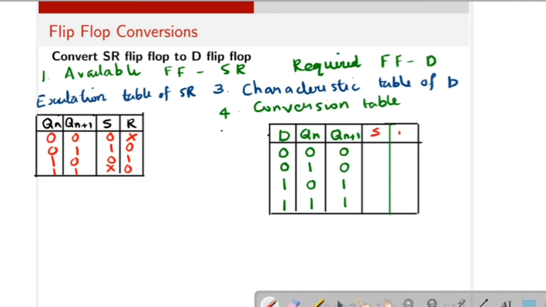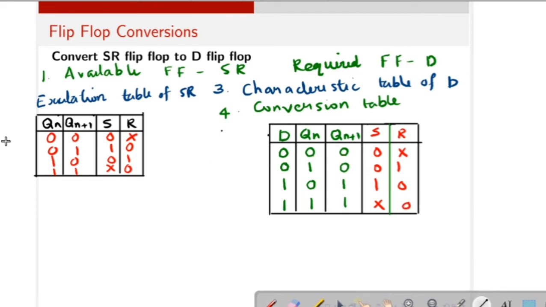So S and R. Then we analyze the excitation table and write the input of SR. That means Qn is equal to 0 and Qn plus 1 is equal to 0. Then S is equal to 0 and R is equal to don't care. For 1 0 here it is 0 1. Then for 0 1 it is 1 0 and 1 1 it is x 0.